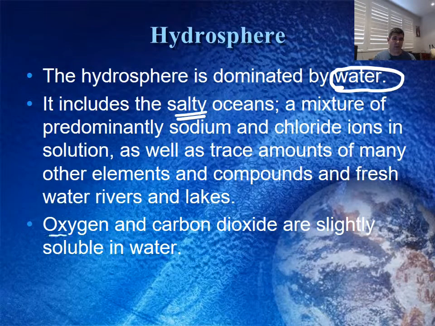We also know that a couple of gases like oxygen and carbon dioxide are capable of dissolving in water, and so therefore we would also find in both the fresh and salt water trace amounts of oxygen and carbon dioxide, and often they are related to temperature.